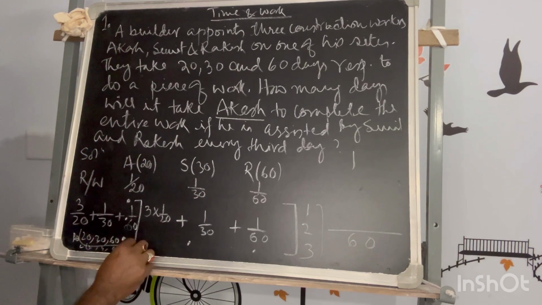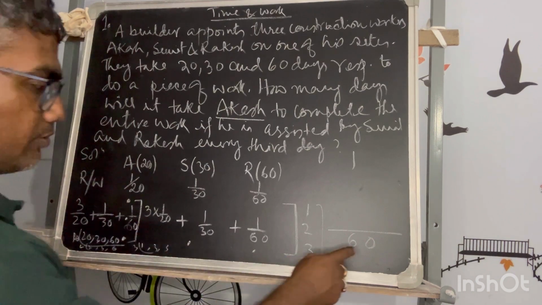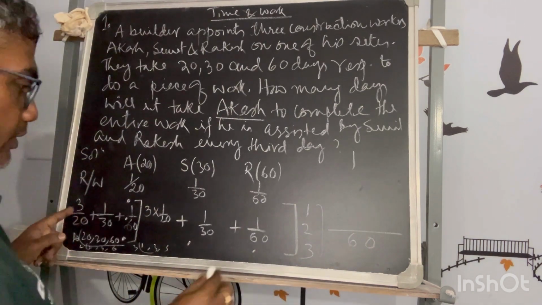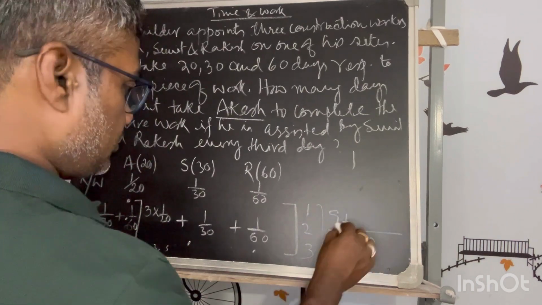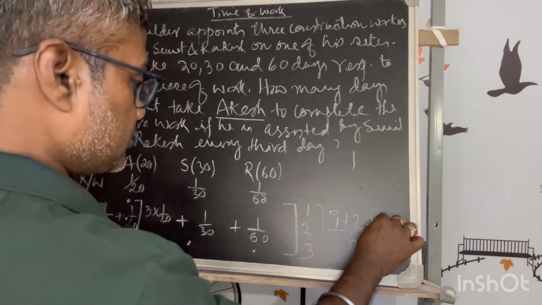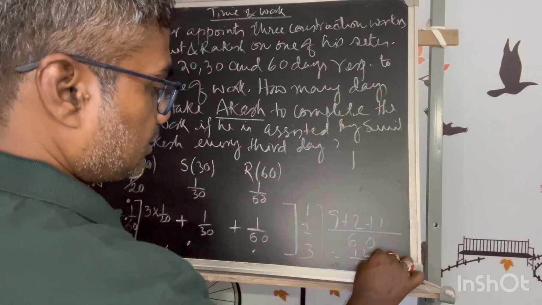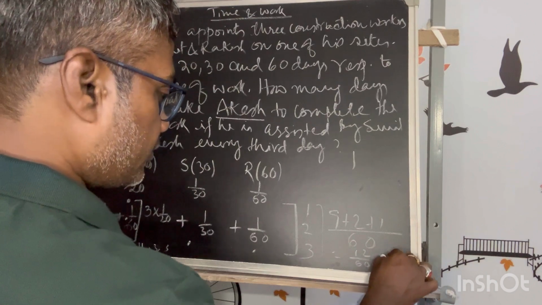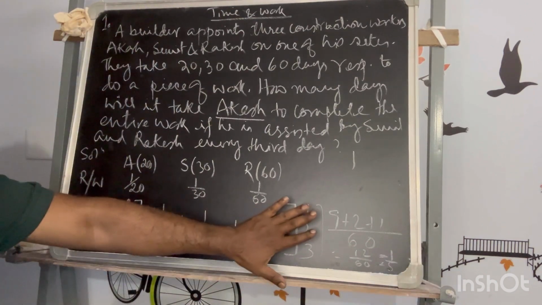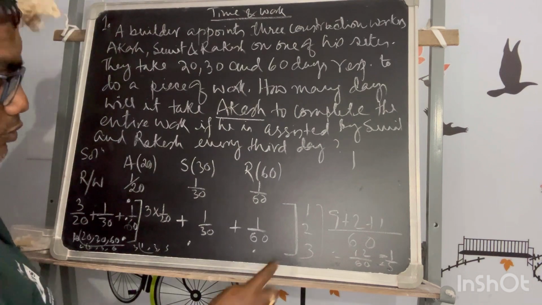Then 2 you take, then 1, 3, 3, and 3 you take. So 60 is the LCM. That gives 9 plus 2 plus 1 over 60, which is 12 by 60, that means 1 by 5. So 1 by 5 part of the work they do in 3 days. I have to do 1 part of the work.